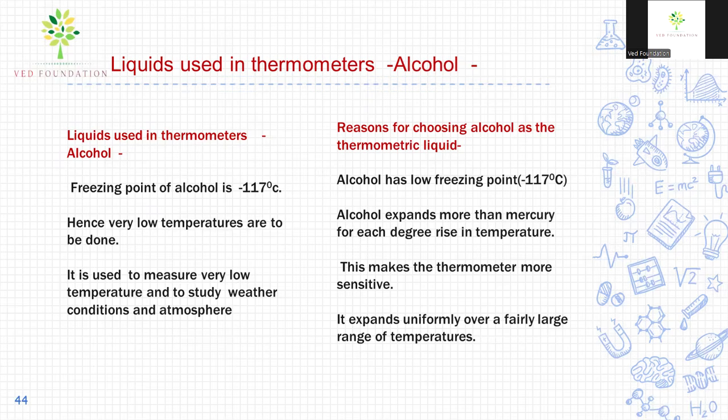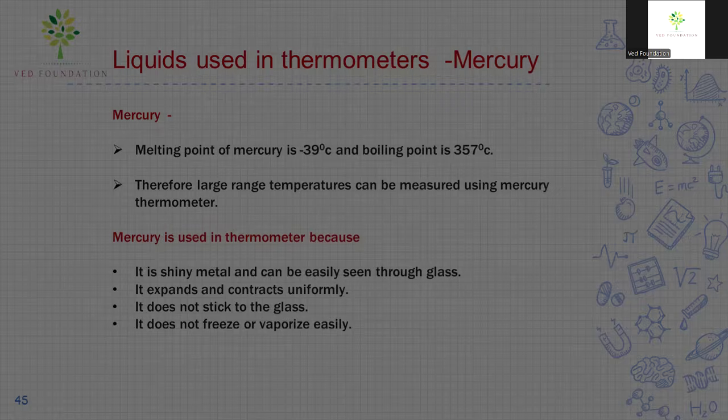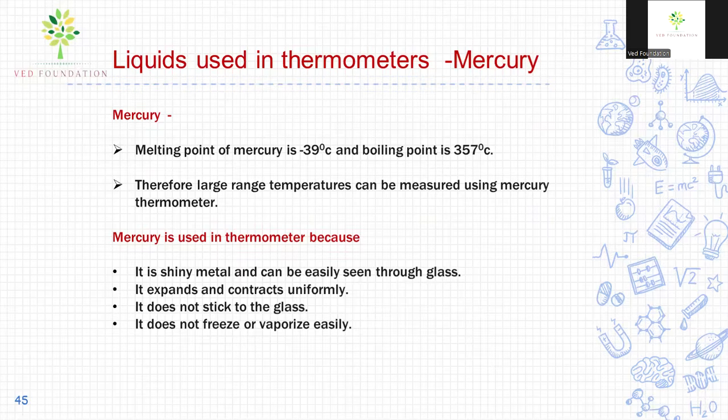Alcohol expands more than mercury for each degree rise in temperature, and that's why this makes the thermometer more sensitive and we get accurate reading. It expands uniformly over a fairly large range of temperature. Because of these reasons, alcohol is used in thermometer.